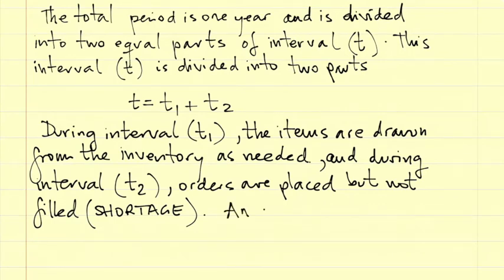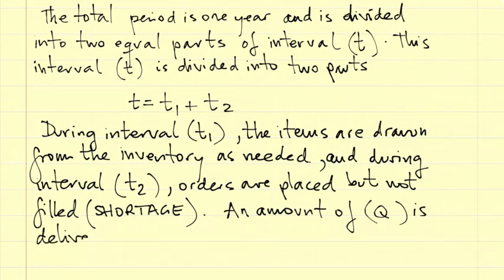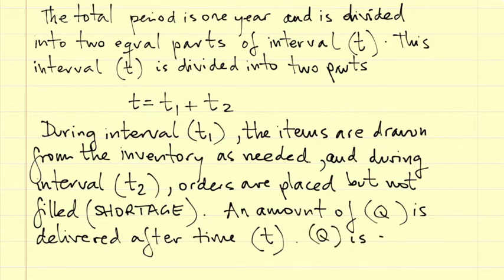An amount of Q is delivered after time T, and the amount of Q is divided. Q is divided into Q1 and Q2.